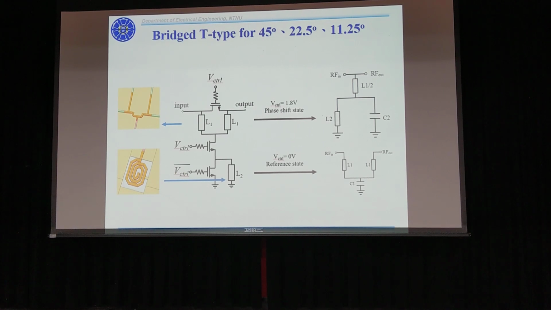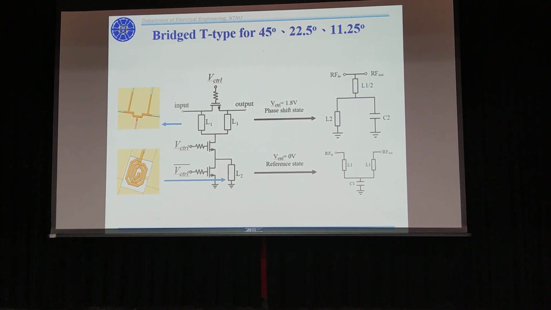Compared with the traditional capacitor-based bridge T-type topology for STPS design, this topology is insensitive, and the transmission line has better modeling than the capacitor. And the capacitors are the parasitic capacitance of the transistors at the pinch-off region.